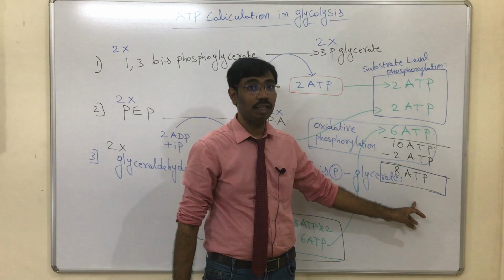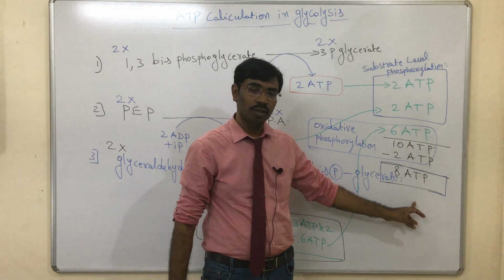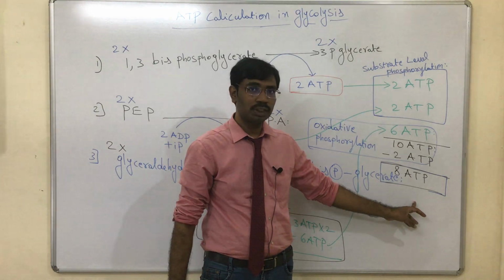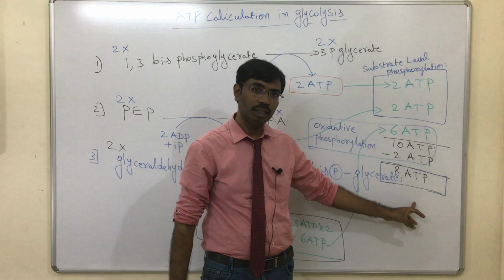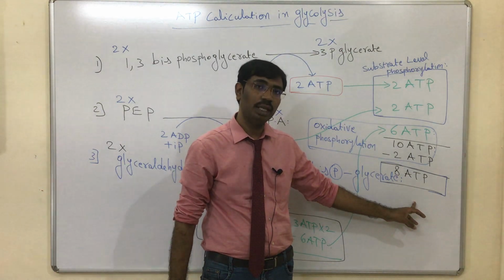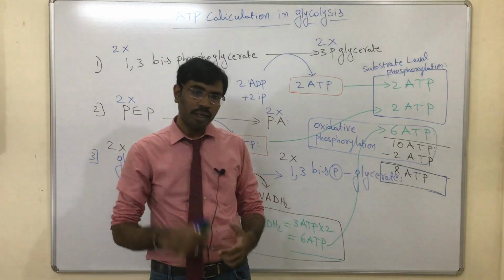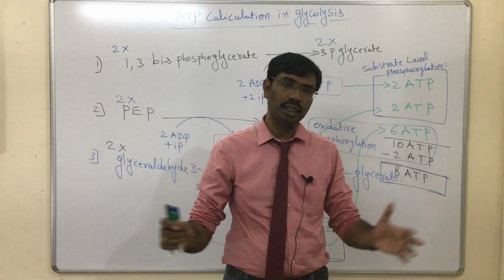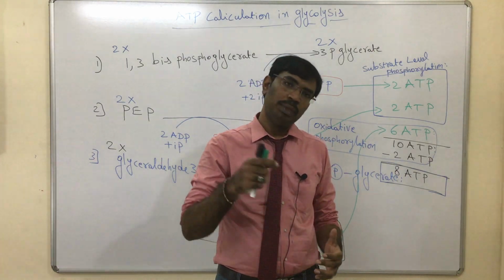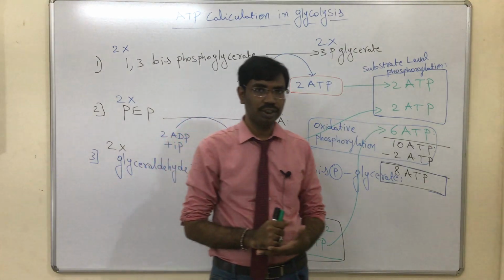We will discuss that in the next video, the glycerol phosphate shuttle pathway. If you understand the glycerol phosphate shuttle pathway, then you can understand why 6 ATPs is correct or why 8 ATPs is correct. To understand this confusion, please watch my next video on the glycerol phosphate shuttle pathway.